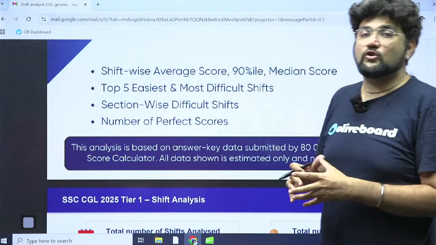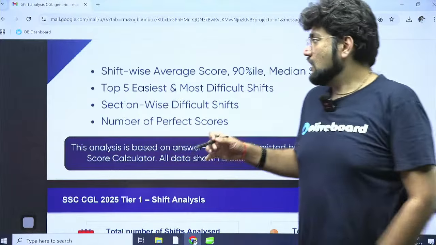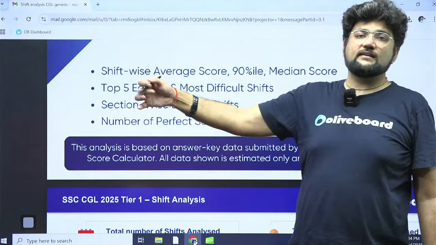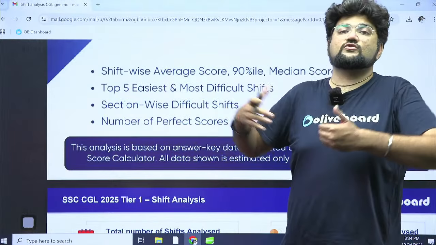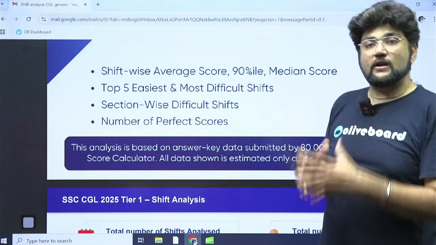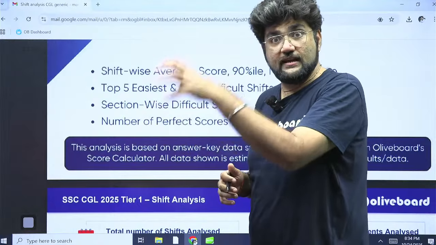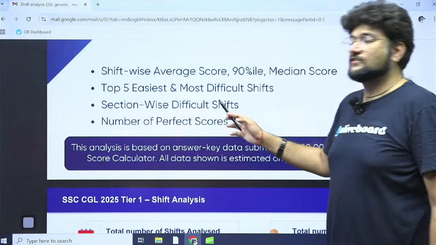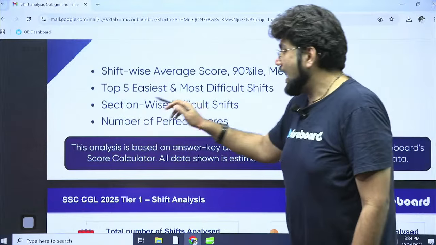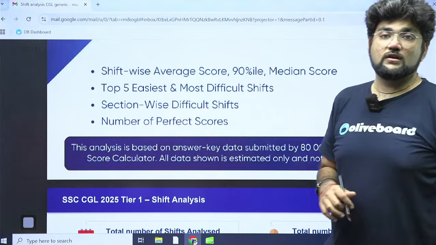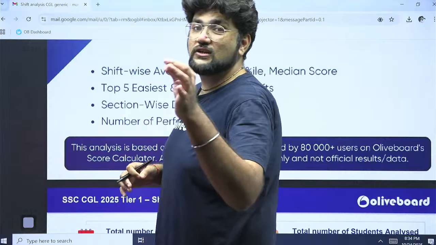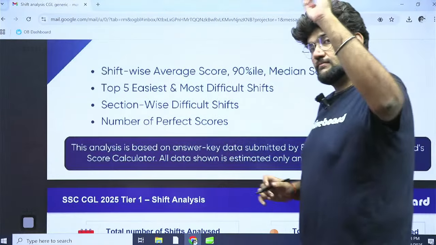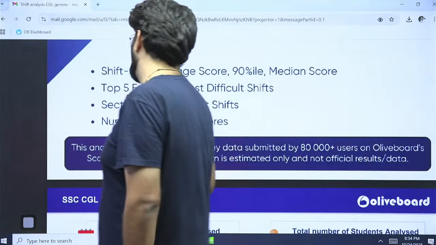For example, if I talk about English, I can tell you that in English this particular shift was pretty easy, so more students have scored here, but this particular shift was probably difficult for English only, right? So subject wise, section wise difficult and easy shifts you'll be able to see, and you'll be able to see the number of perfect scorers. How many students have actually secured a perfect score, 200 on 200, right? So you'll have to stay with me till the end to know that. It's a wonderful secret for all of you.